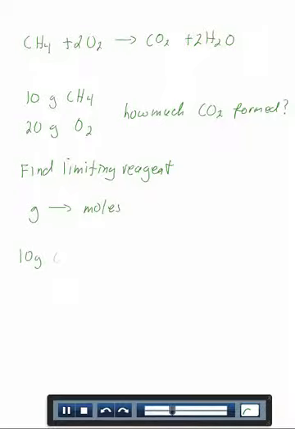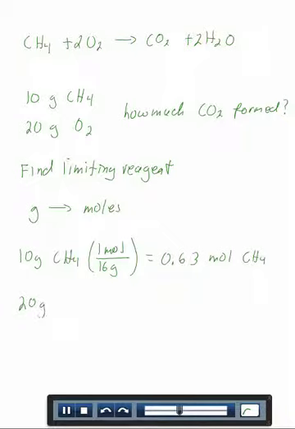We have 10 grams of methane, and we use the molecular weight, adding the weights from the periodic table. So that would give us 1 mole of methane weighs 16 grams. So that gives us 0.63 moles of methane.